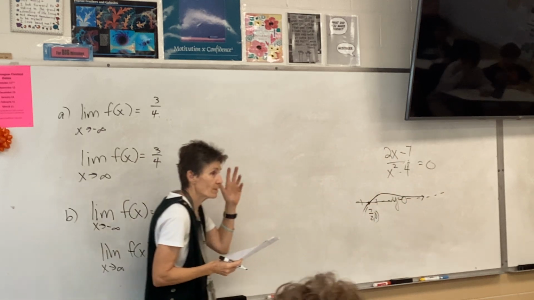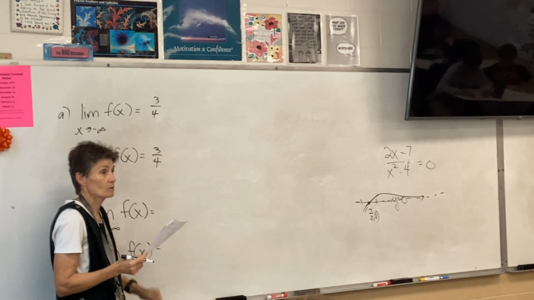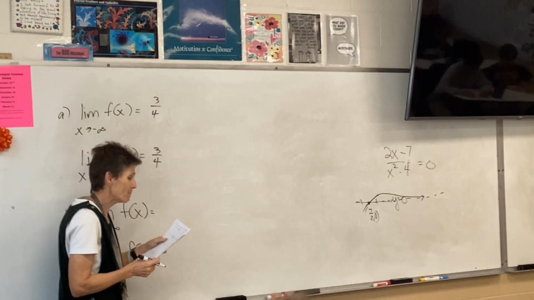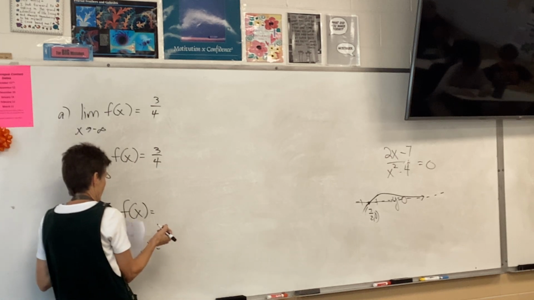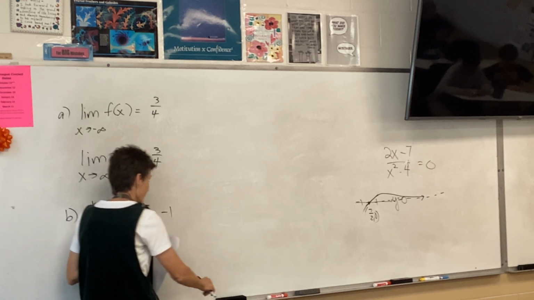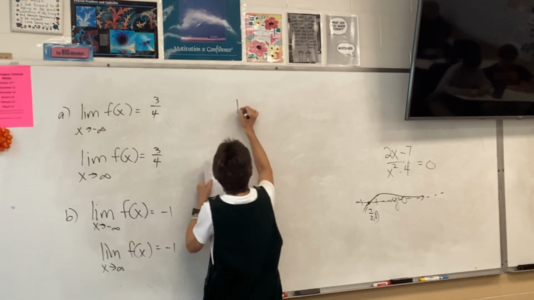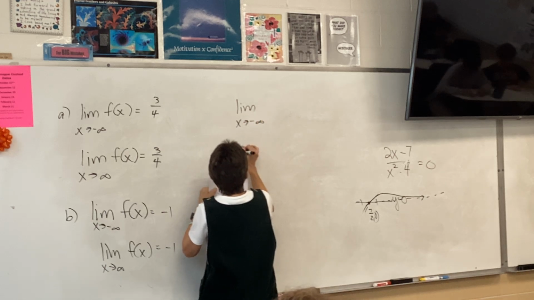But I don't know that without a picture, so I'm just gonna say 3/4 for both of those. How about B? -1. Yep, -1, because you have negative x over x.